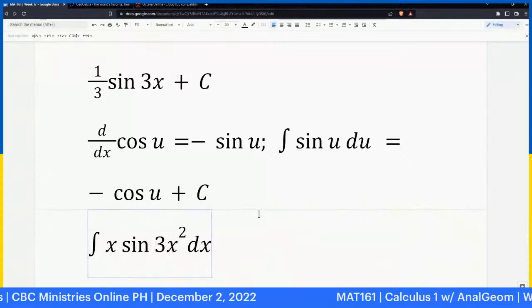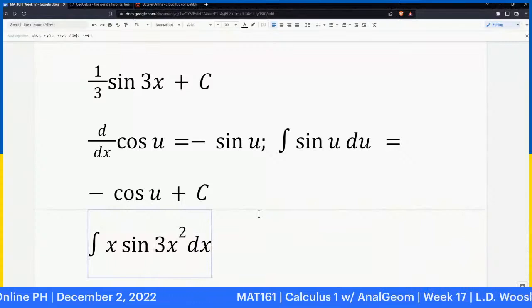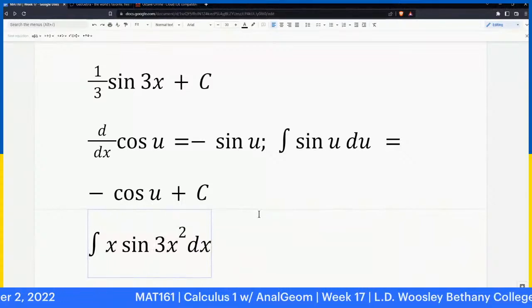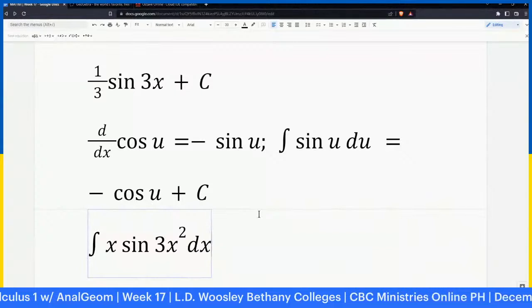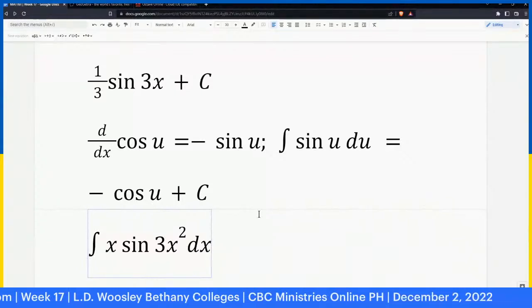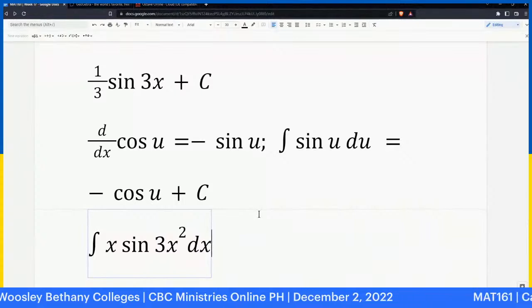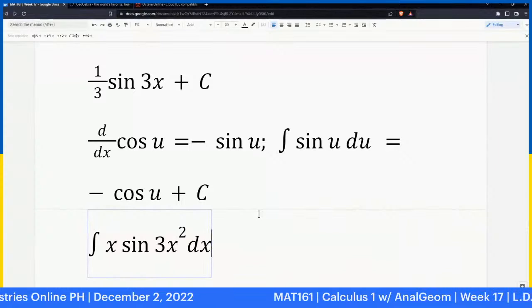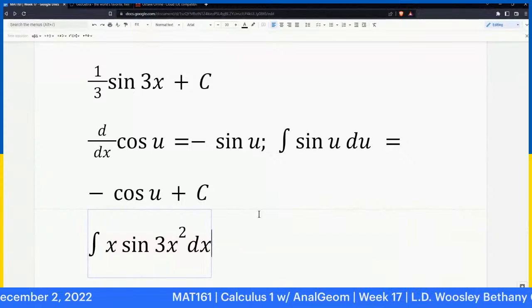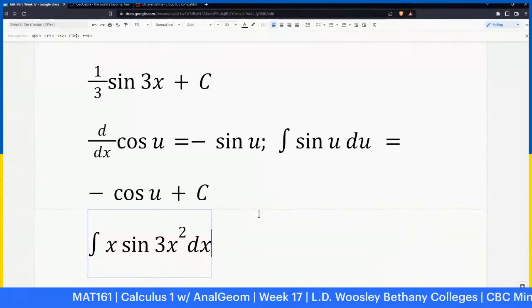Alright, let's examine. What is u? Sine u? 3x squared po. Therefore, what is du? What's the derivative of u? 6x po. 6x dx. Alright?